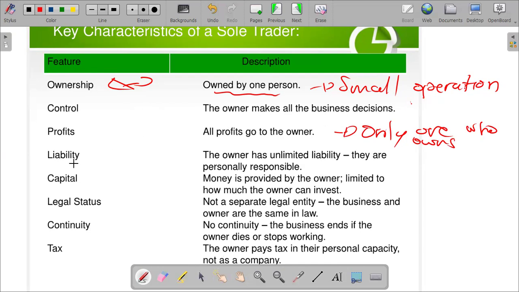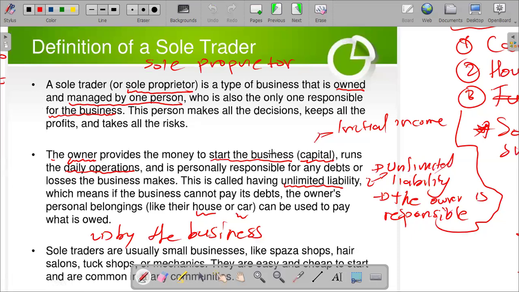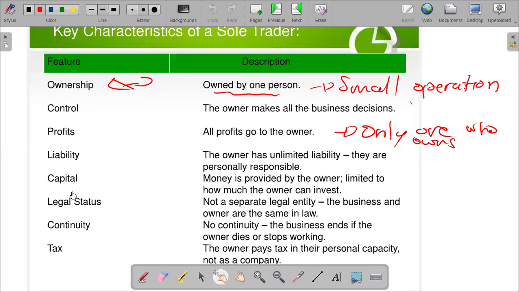And then we move on to the liability. Again, as you go back previously, it shows you here that they have unlimited liability. The owner is responsible for all the debts. So it has unlimited liability. All right. And then we move on to capital. Money is provided by the owner, whether he gets it from donations, investments, or from family members. However, he is responsible for that money.